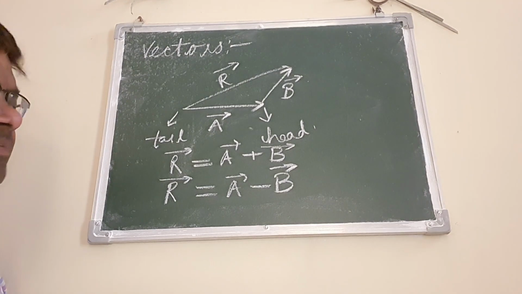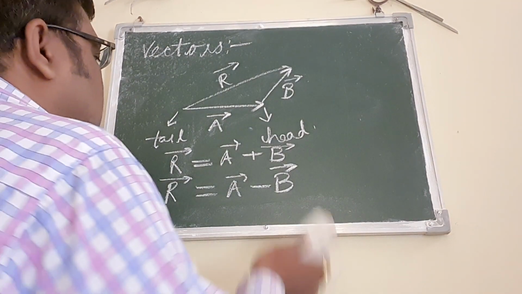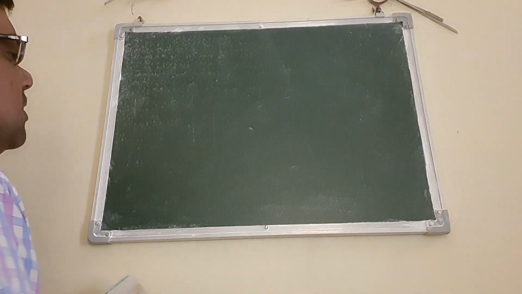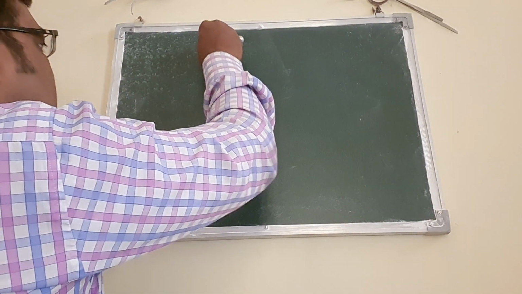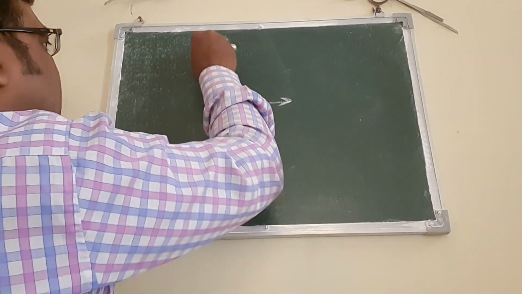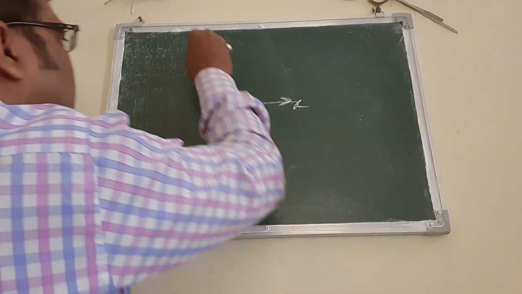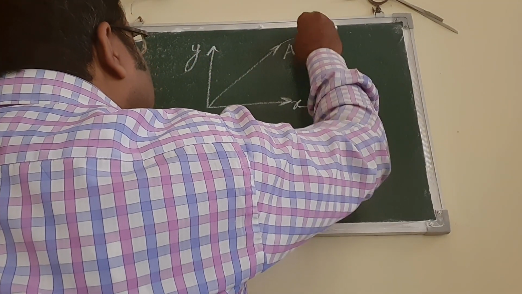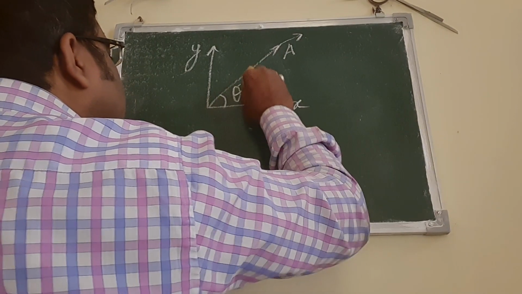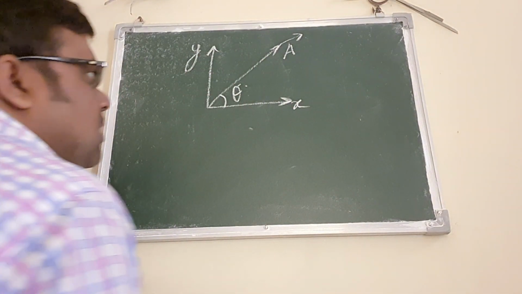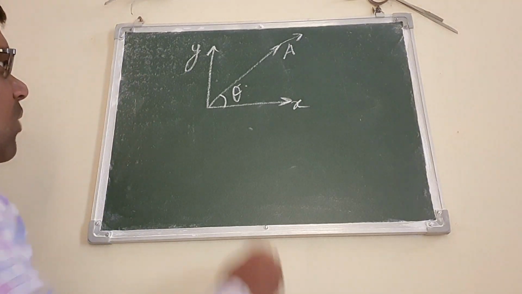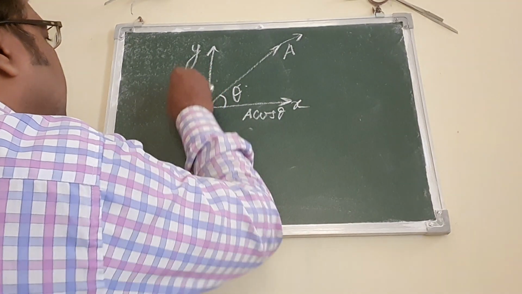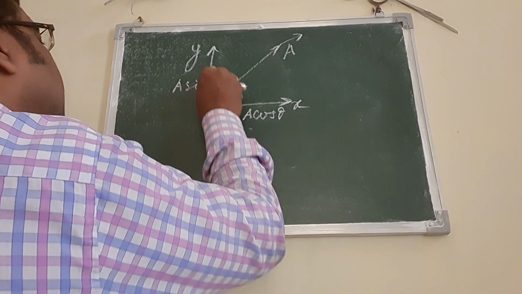So now we are dealing with the components. Suppose this is the X direction and this is the Y direction. There is a vector A and it makes an angle theta with the x-axis. Then its components in the x and y directions will be A cos theta and A sin theta.